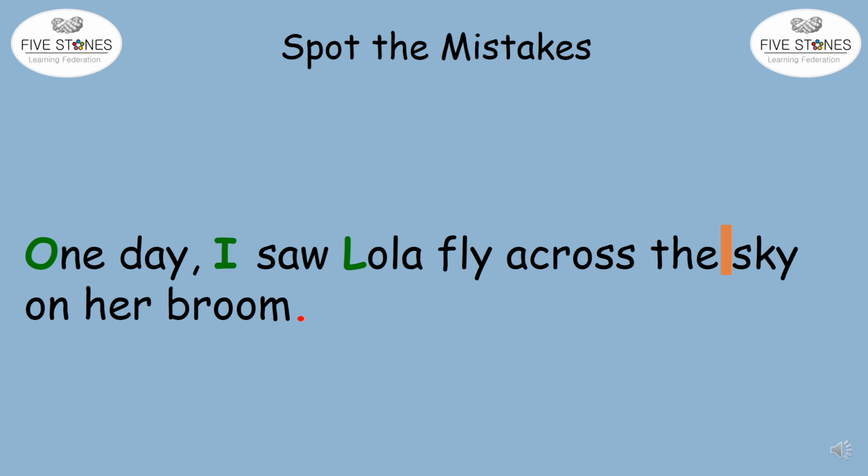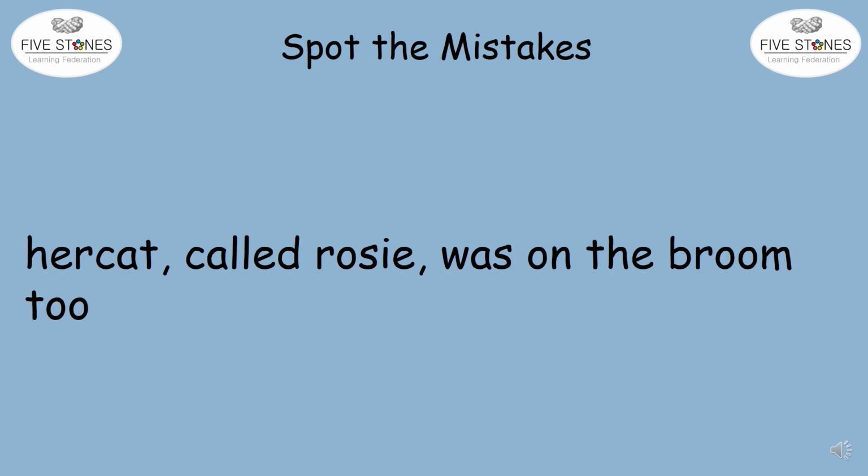Our next sentence is, her cat, called Rosie, was on the broom too. Again, it isn't quite right. Take a look. What would you change? We need to change the capital letter at the start of the sentence and a finger space in between her and cat.